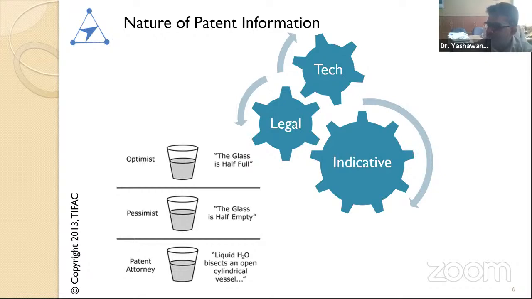And why am I getting the idea and so confident of copying this? Because the language used here is faulty language. It says cylindrical vessel, and if you carefully look at this glass, it's not a perfect cylindrical shape. And the shape I'm using is entirely different from the cylindrical shape.